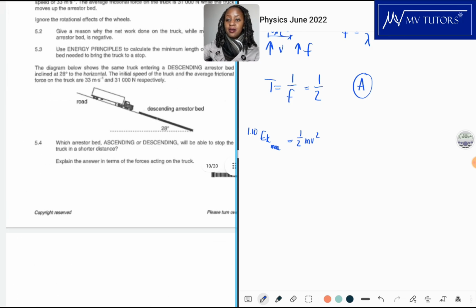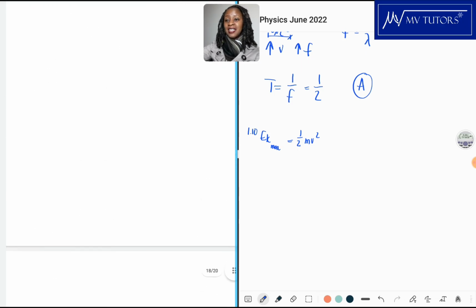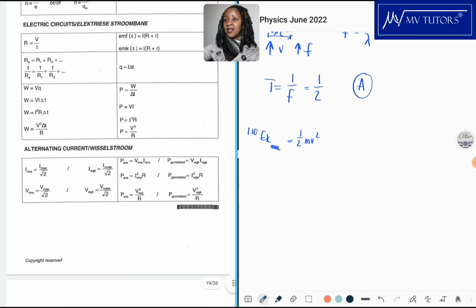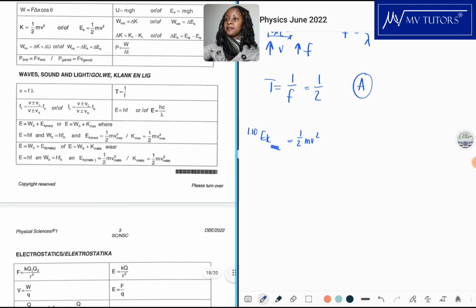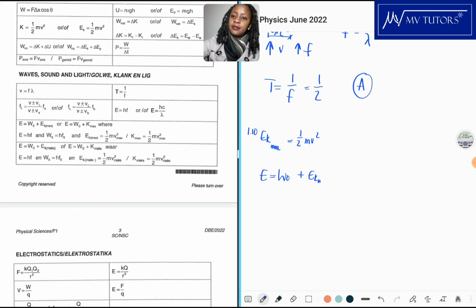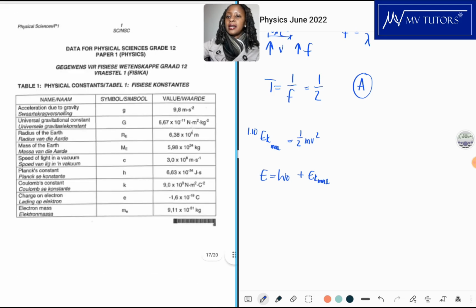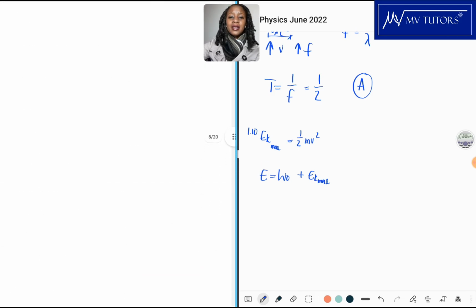But if we consult again the formula sheet, we basically get that the energy is equal to the work function plus the maximum kinetic energy. And what do they tell us about the energy as well as the work function?